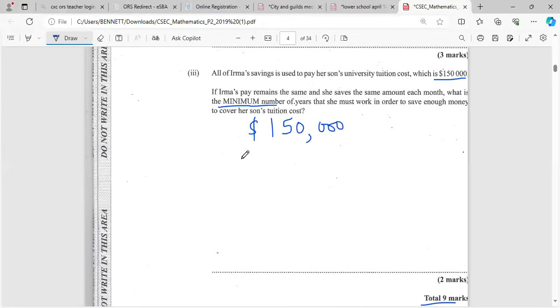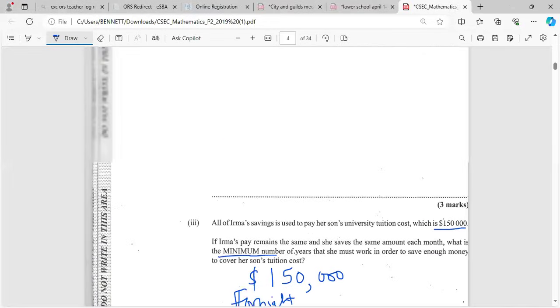And each fortnight, let me see back our fortnight here. As they gave us that in the table, the fortnight is what we have to use, right? So each 2 weeks she gets this. Let me go back to the table. I forgot it out of my head. I think it's 1,750.